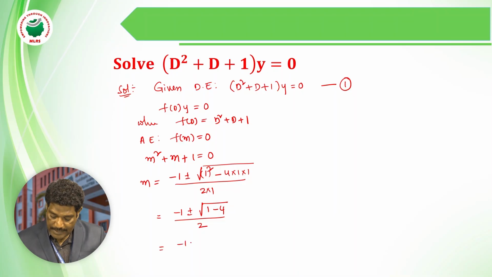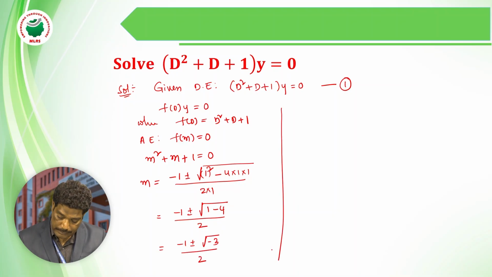This equals minus 1 plus or minus square root of minus 3, by 2. Here you can observe the square root of minus means that will be the i, that means imaginary number, and into square root of 3 by 2.